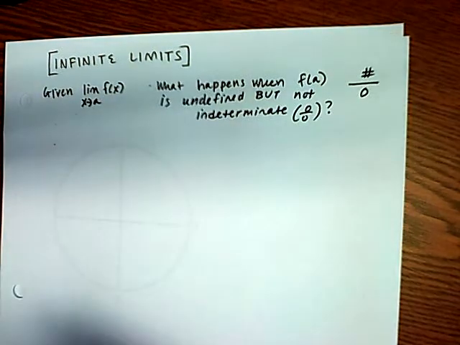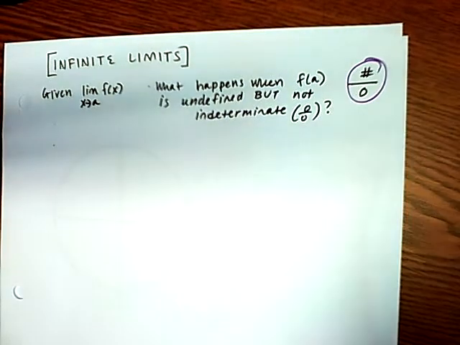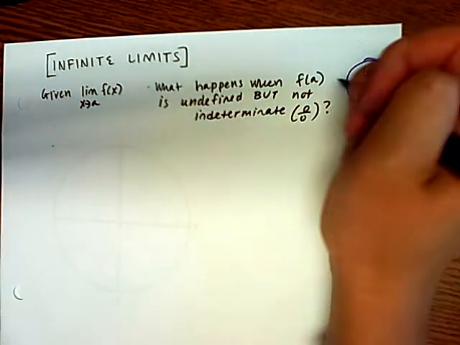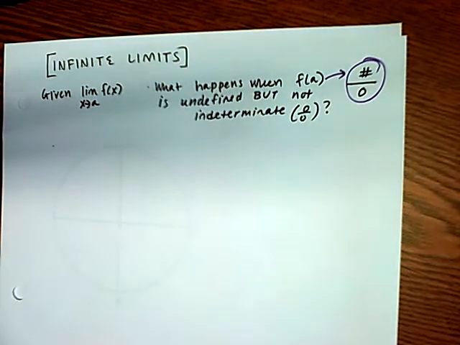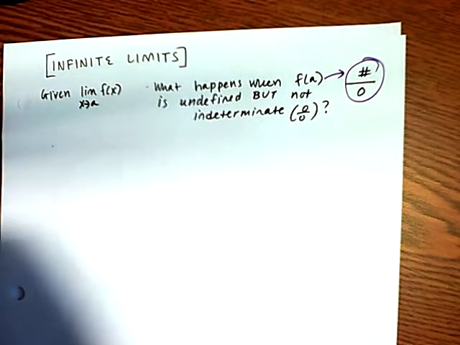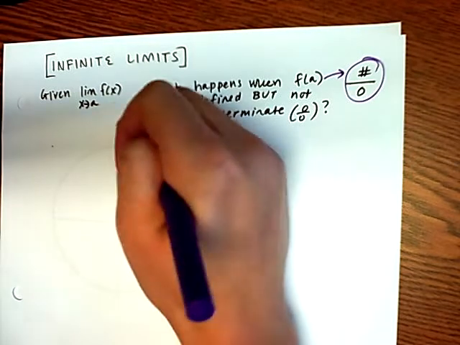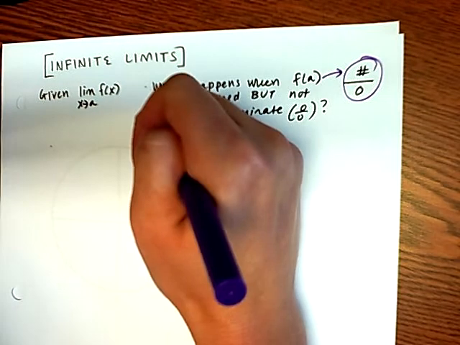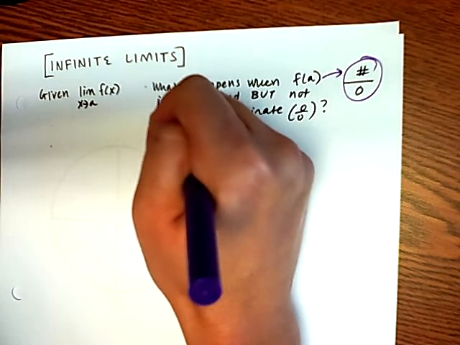We're thinking about when you get a number over 0. The idea of our exploration in class was that we saw there's an asymptote. Whenever we get a number over 0, we see there's an asymptote.